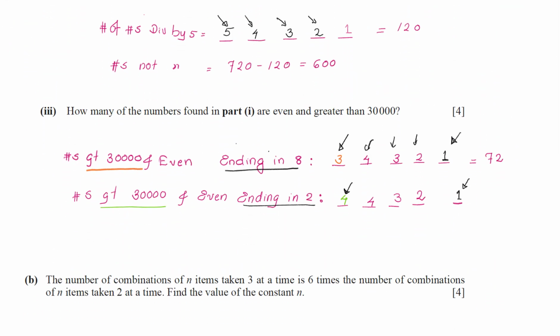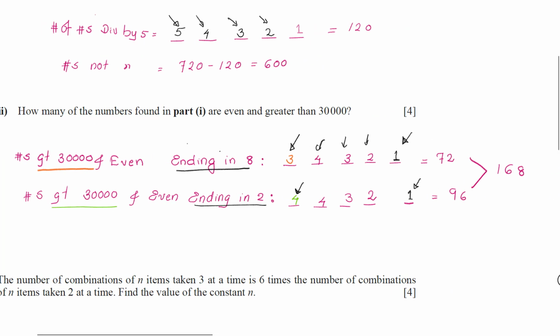Those are the possibilities. And then 4, 3, 2, 1 as we did earlier. And this will give us 96. So there are 96 ways we can have an even number ending in 2, and that number must be greater than 30,000. So when we accumulate these two, that will give us 72 plus 96, 168. So there are 168 ways we can have this.